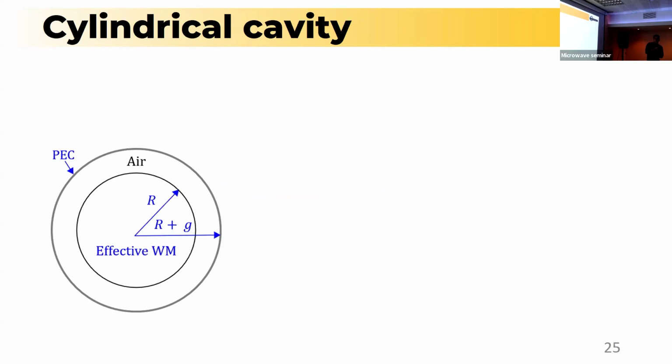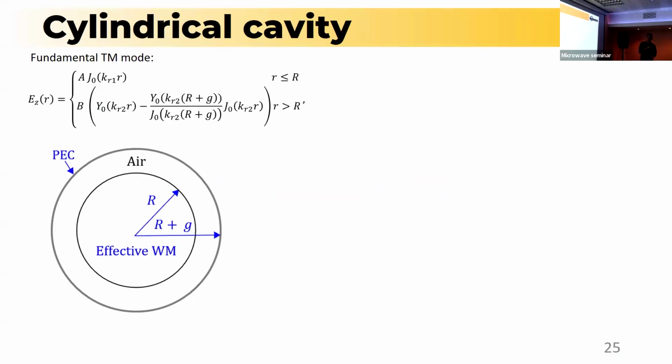We will have a region number 1 in which we have the effective wire medium and a region number 2 in which we have the air. And at the end, everything is bounded by a perfect electric conductor. So instead of the cosine and sine functions, now, as we are in cylindrical coordinates, we need to use the Bessel functions, and the same idea, focus on the fundamental mode.